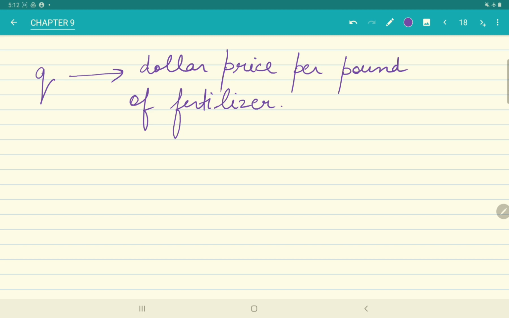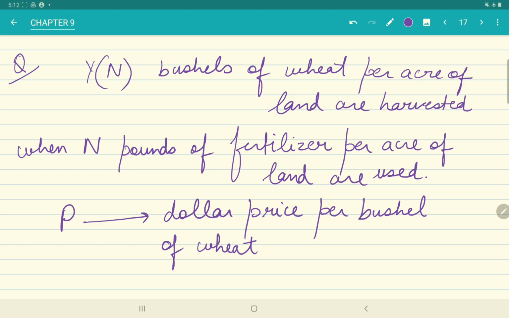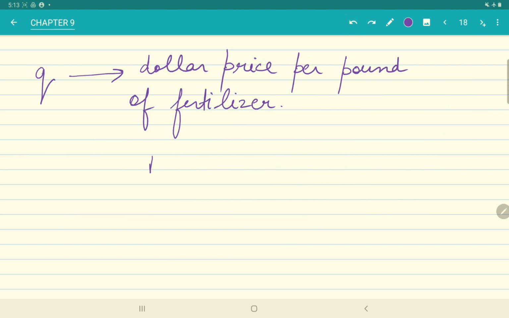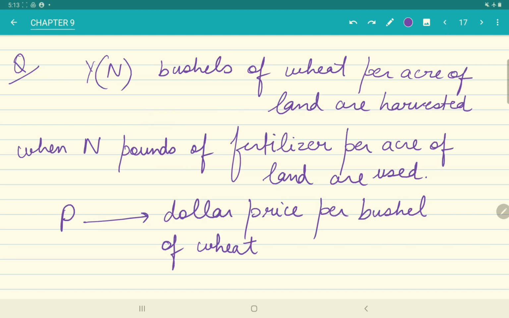Then if we are concerned about the profits per acre, and profits are obviously in dollars, what would that be? Per acre of land we get y of n bushels of wheat, and the dollar price per bushel is P. That means I have P multiplied by y of n, and this is the value of the output. But what is the value of the input that goes in?